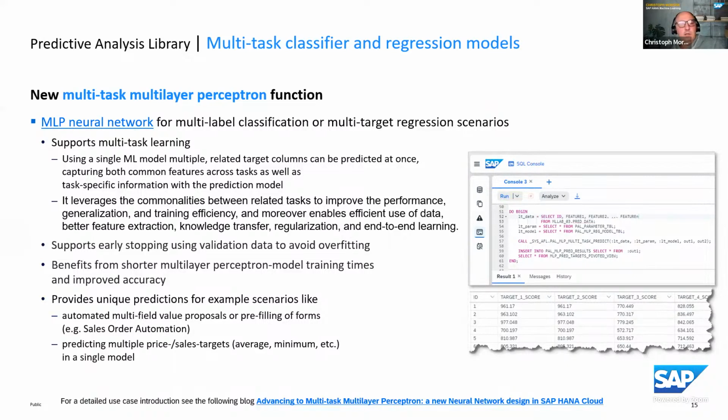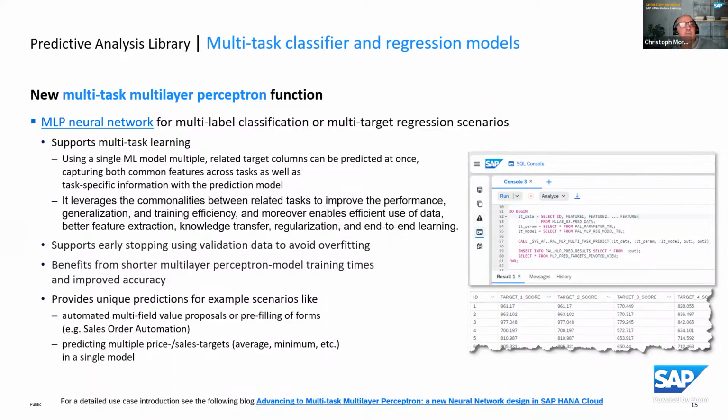It's an algorithm which makes sense in scenarios where you'd like to predict multiple target columns at once, because you may have a user screen with a form which shall be auto-completed, and you have common inputs to the different target fields you'd like to populate with value recommendations, but there's also differences.